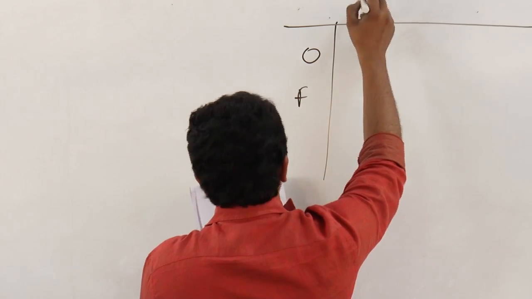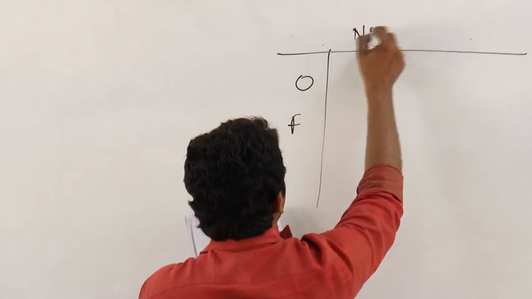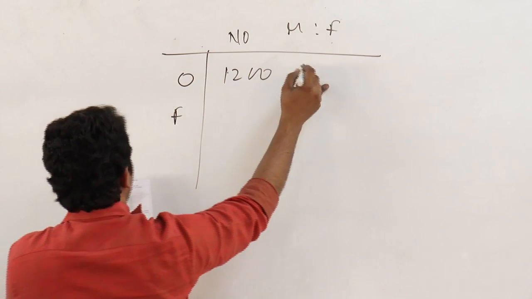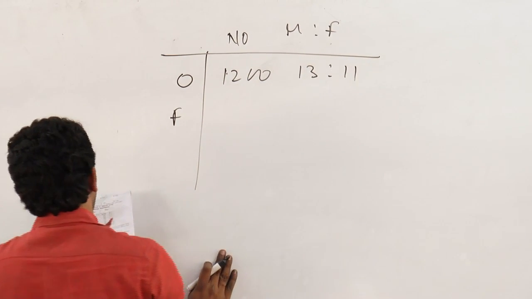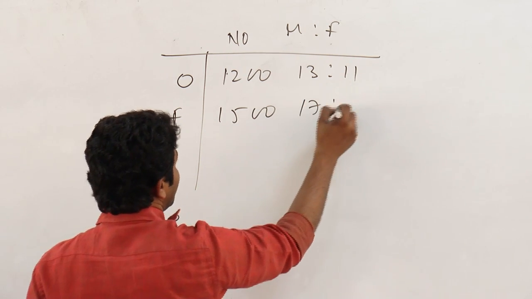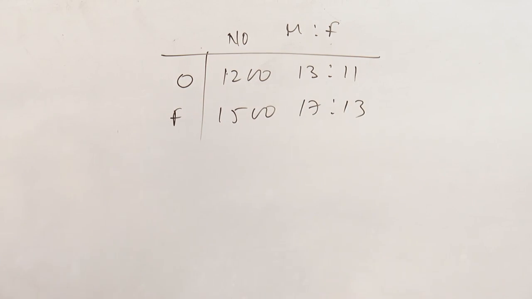Managers, total number and then male to female ratio. Operations we have 1200 people and then 13 is to 11. And then finance we have 1500, ratio 17 is to 13. Now, you asked about the ratio between female managers to male officers in both the departments.